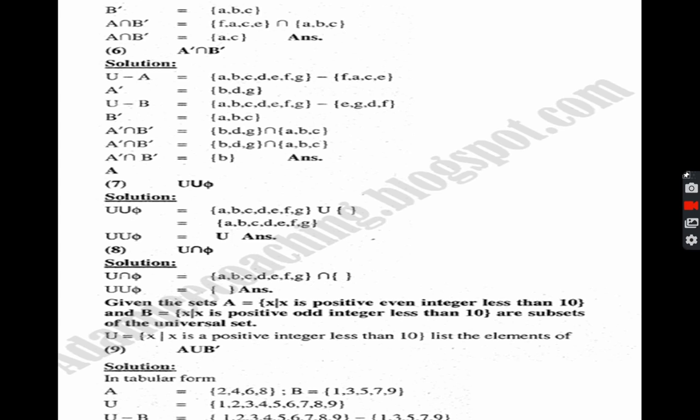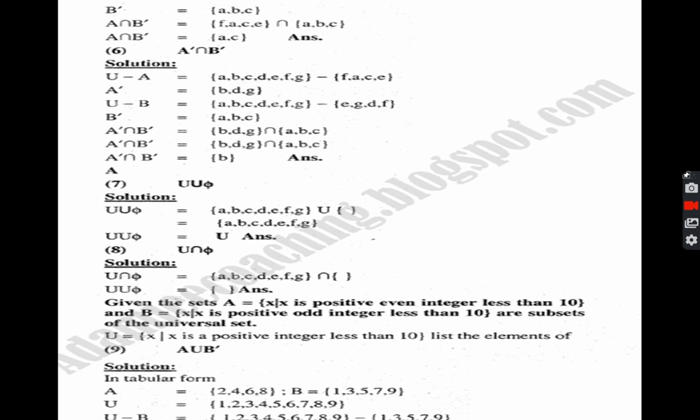And B is equal to x such that x is a positive odd integer less than 10. Odd numbers are 1, 3, 5, 7, 9. So according to the statement, the value of B is equal to 1, 3, 5, 7, 9.